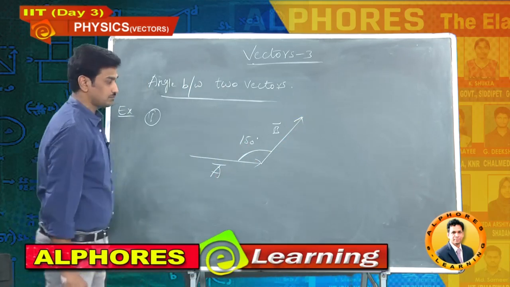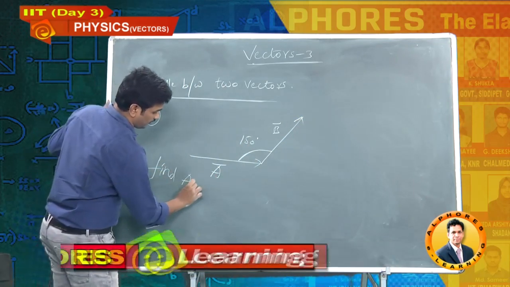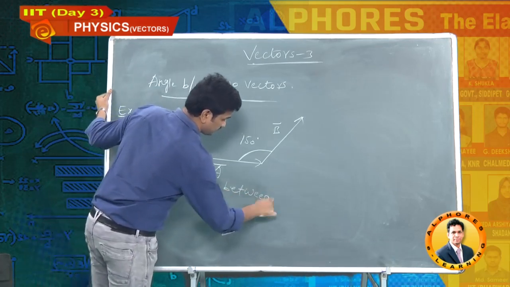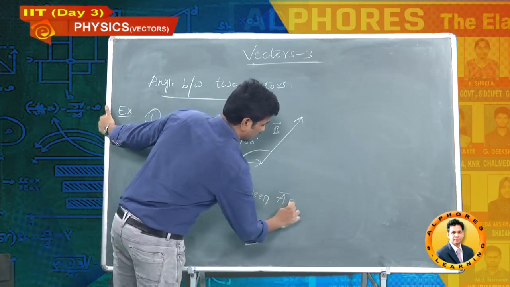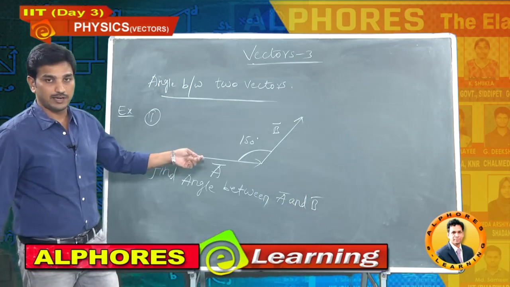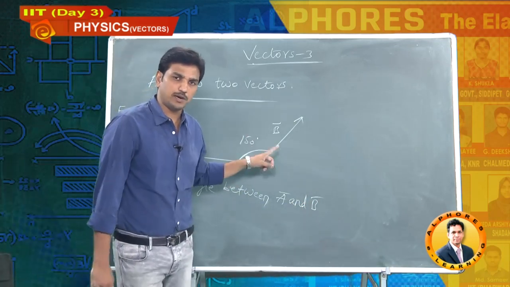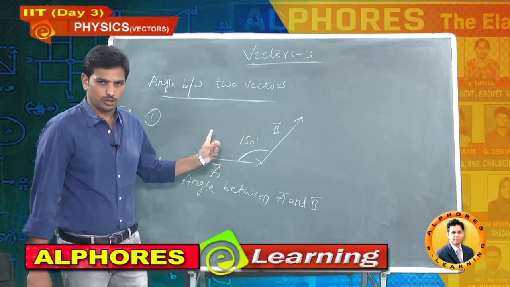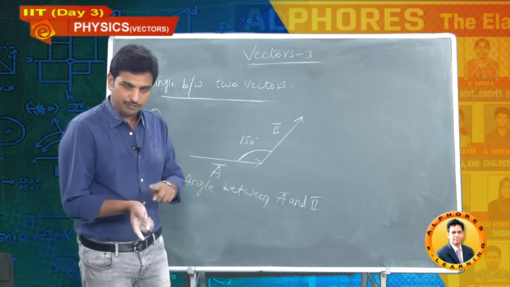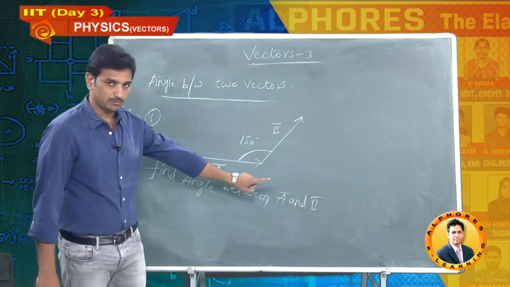Find the angle between A bar and B bar. How to find the angle between A bar and B bar? Just now we discussed it. Join the two tails of the two vectors and see the angle difference between both of them, that's the angle between A bar and B bar.